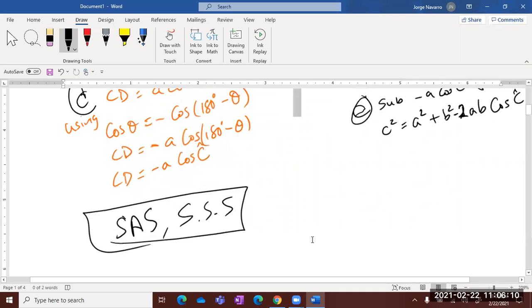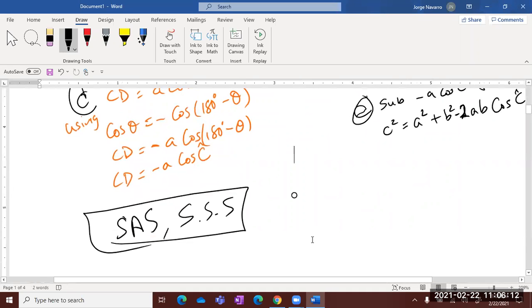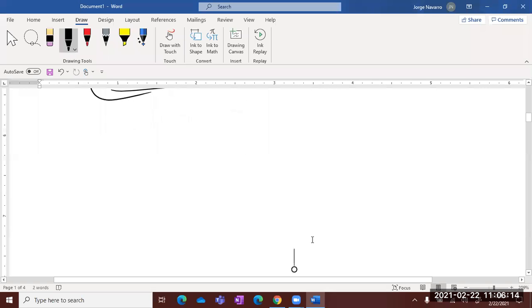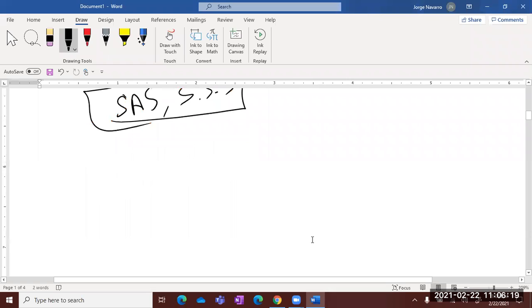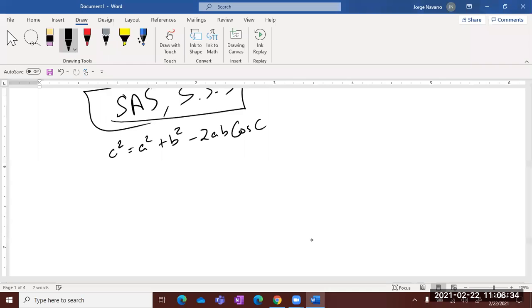Now, a few things that I need to mention about the cosine rule. All right. 1, you cannot transpose it to find another side. For example, notice we said that if I want to find C squared, I have to take A squared plus B squared minus 2AB cosine of the angle called C. Let's say I was looking for A. I cannot transpose this.